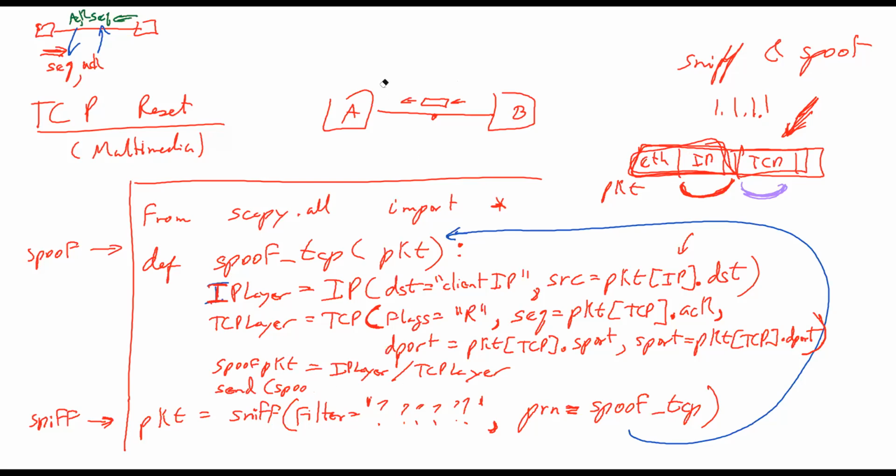Send spoof PKT, and then verbose 0 so you can see some output, and that's it. Make sense? This, once again, is a sniff and spoof for the multimedia TCP reset problem.